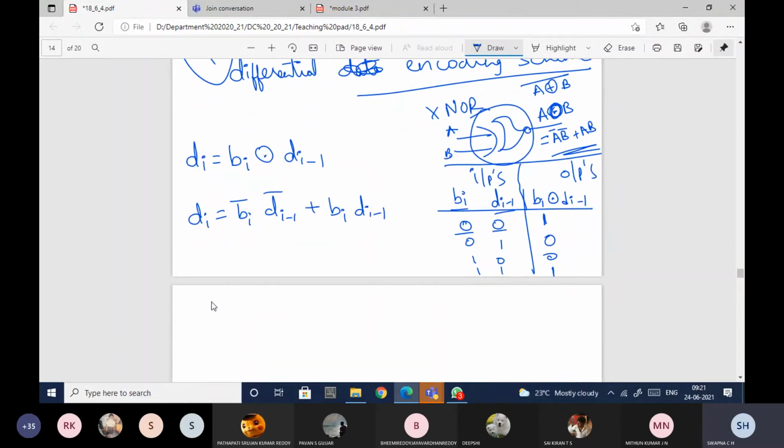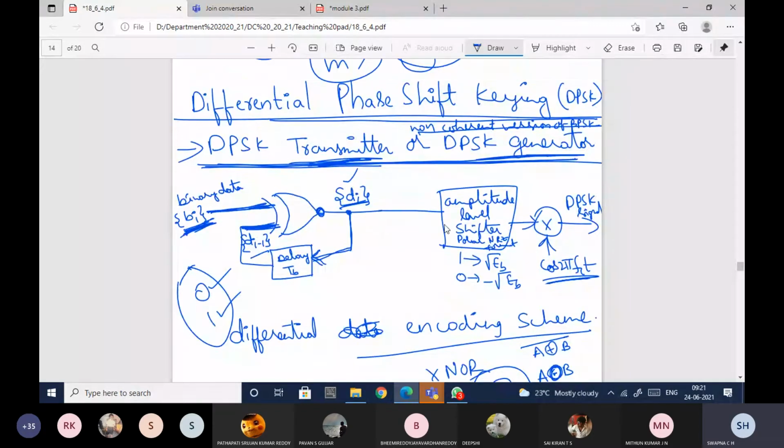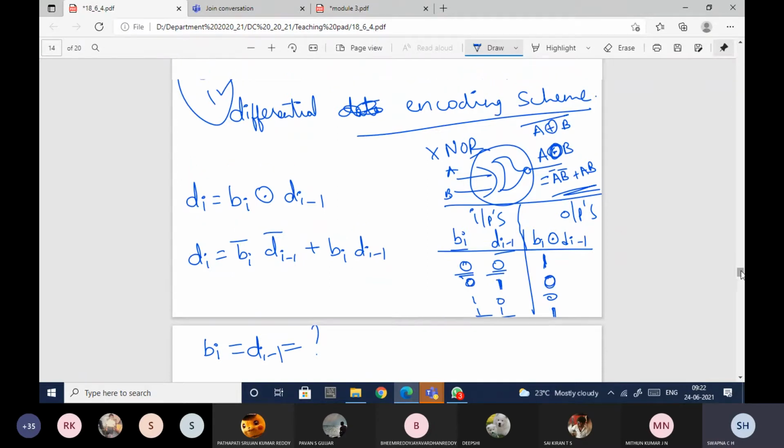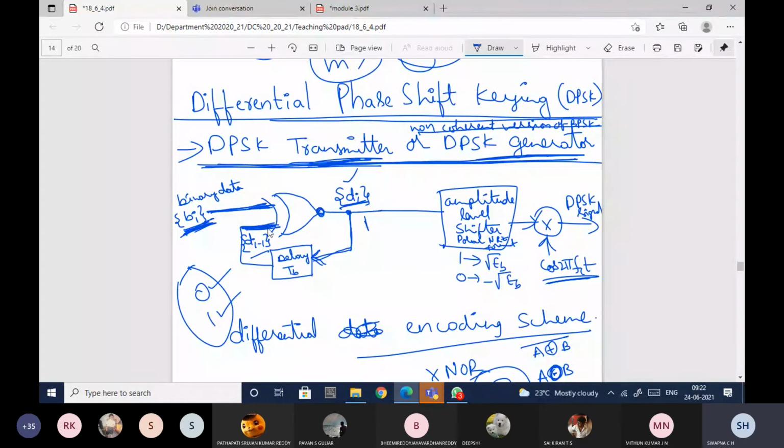So it means that if Bi is equal to Di minus 1, then the Di bit will be equal to 1, because either you take 0 0 or 1 1, in both the cases the output is 1. So if Bi and Di minus 1 are the same, the output will be equal to 1. If they are different, the output will be equal to 0. So the Di value depends on the input bits Bi and Di minus 1.